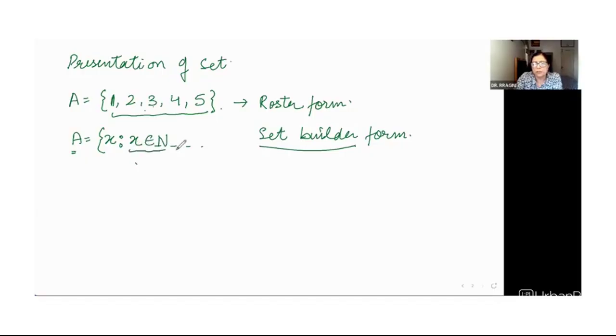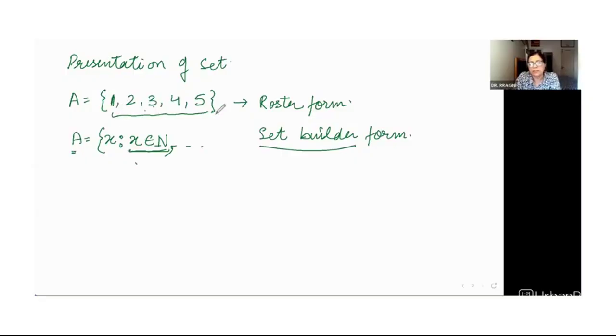First of all, we have to tell what kind of number we are dealing with. There are different sets like rational numbers, integers, natural numbers, whole numbers. So first of all, the set has to be informed what property they have, whether they are whole numbers or integers. So here they are natural numbers. Now, natural numbers are infinite, we know.